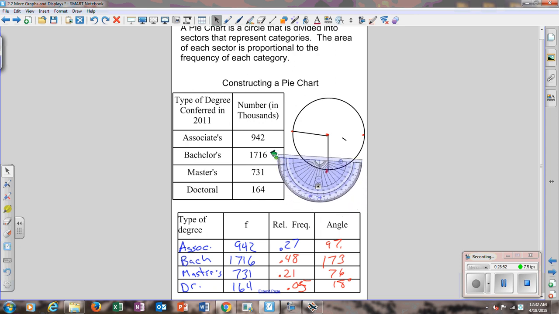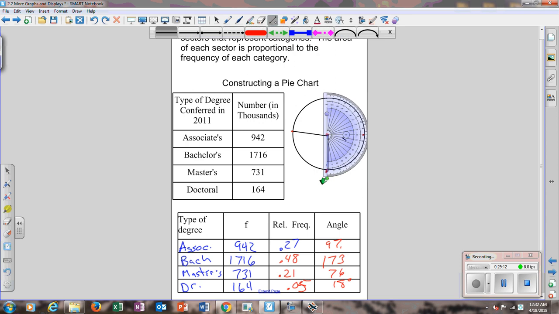I'll spin this thing. There we go. So from here you go out 76 degrees, which would be like right in here, I think, like that.